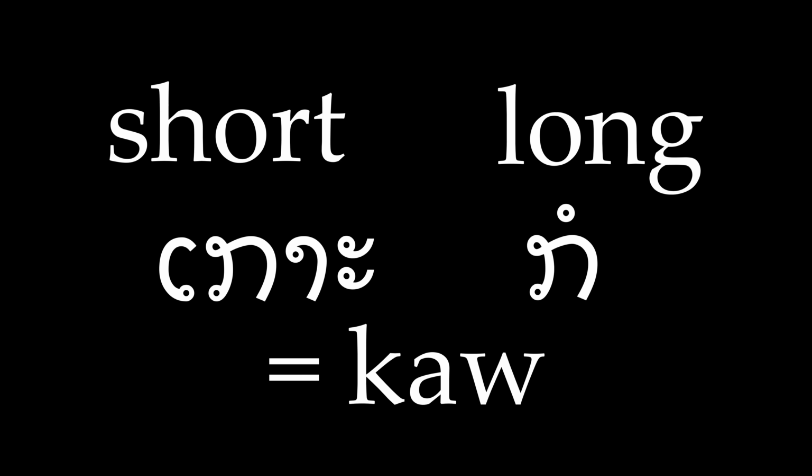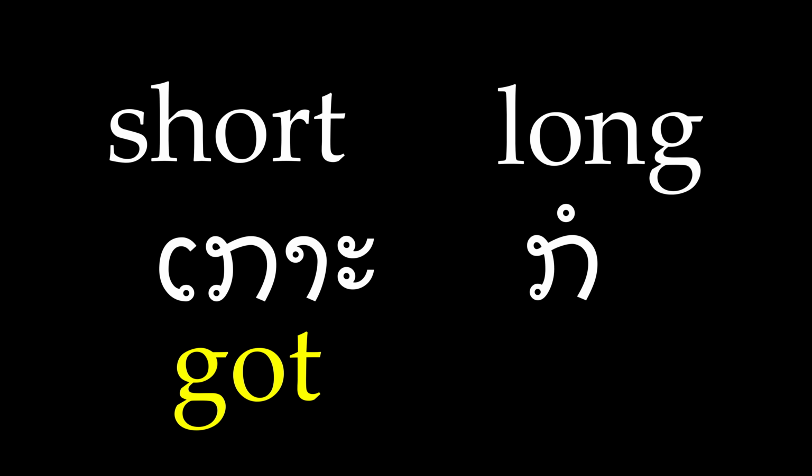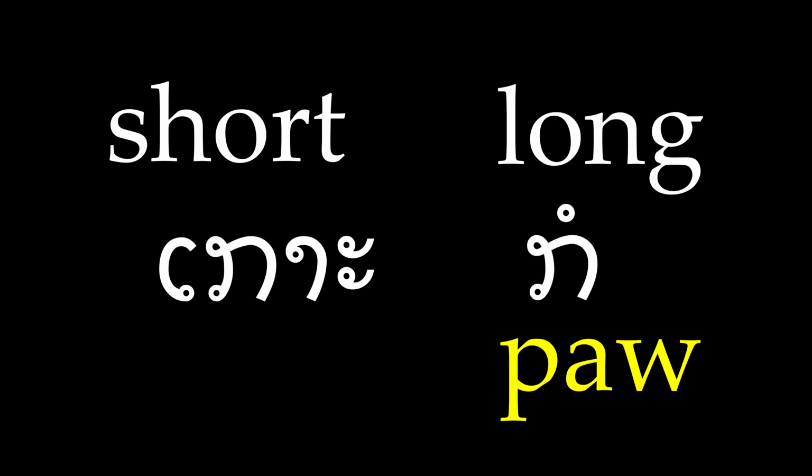A and aw are usually represented with an AW when transcribed. The short aw sounds similar to the O in got. The long aw sounds similar to the AW in paw.